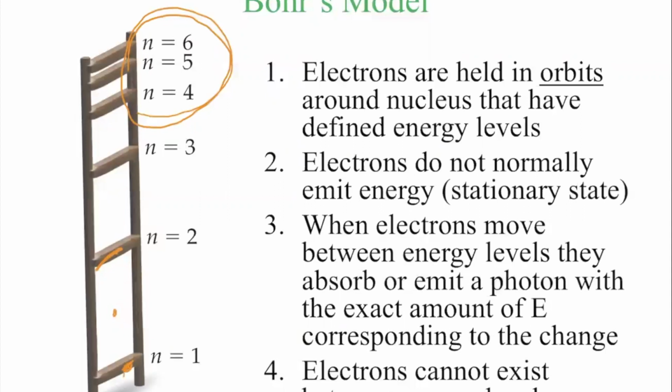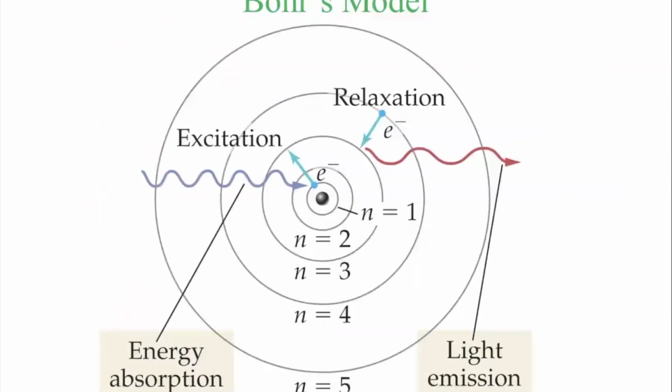Okay, another way of looking at it is this way. This is from high to low. So that electron is relaxing. Because this has more energy, there is going to be extra energy that is released as a photon, or light.